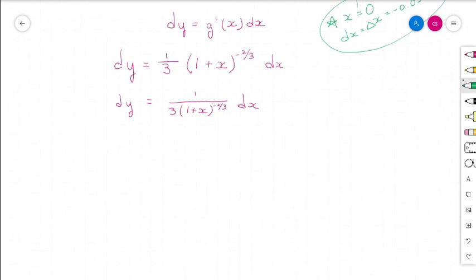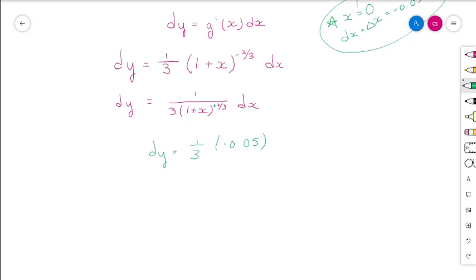Okay, so if we plug everything in, remember x is 0, so, whoops, this should be a positive 2/3. 1 to the 2/3 is just 1, so I'm just going to write this as 1/3. And then dx is negative 0.05.